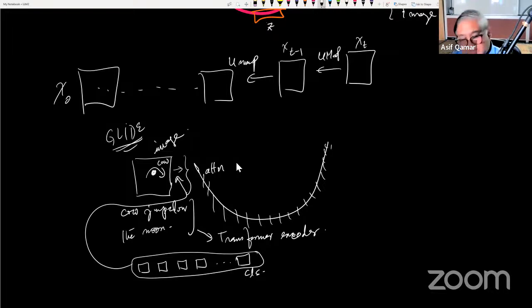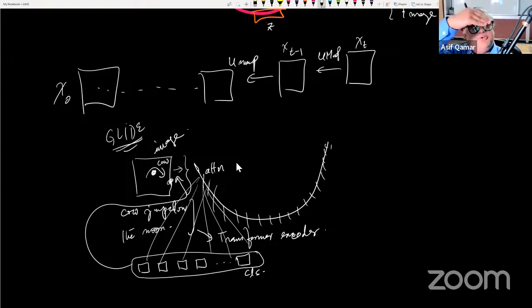Now what happens? When the attention comes, this image is paying attention to each of the text tokens all the time. And therefore, the next state of the image is conditioned on the text token. What does it mean?